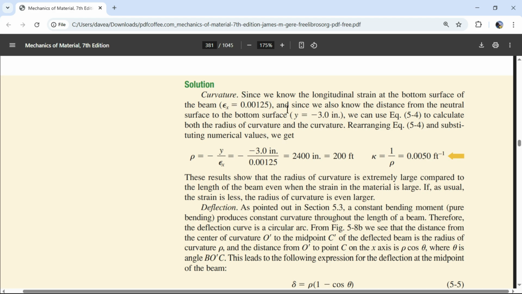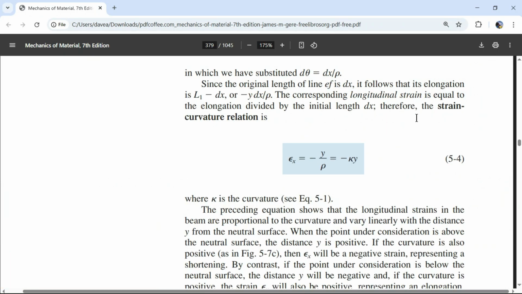So, cool. And so we know this strain. And since we also know the distance from the neutral surface is this 3 inches, and to the bottom its y is negative 3 inches because the y-axis is positive up, we can use equation 5.4. So let's see what equation 5.4 was. Okay, so we have the strain.